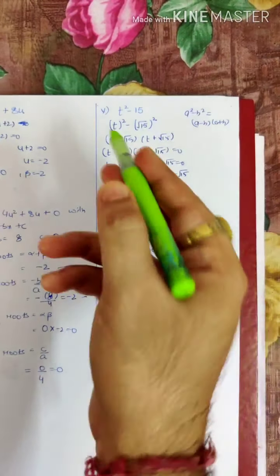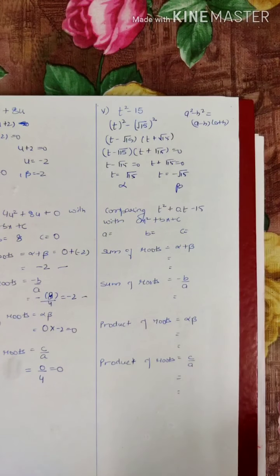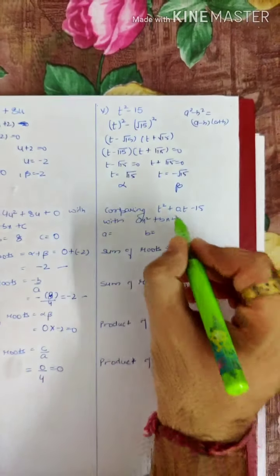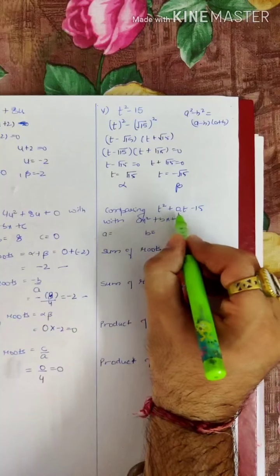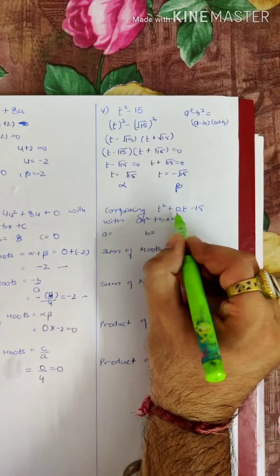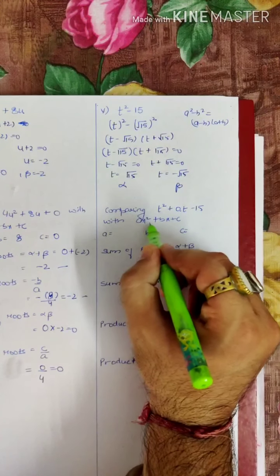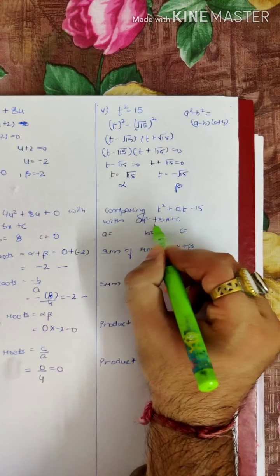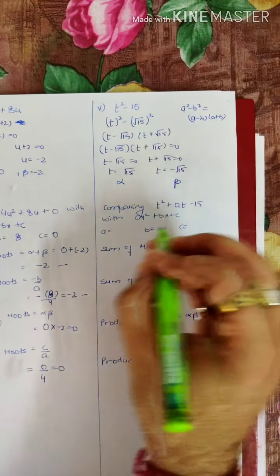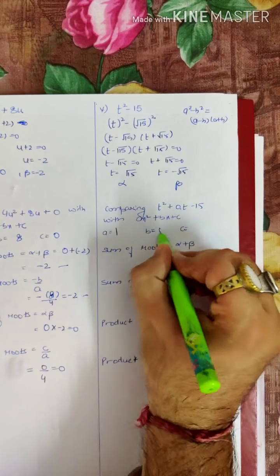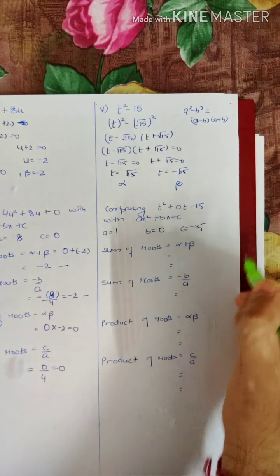Now compare your given quadratic polynomial t square minus 15 with the standard form ax square plus bx plus c, but before that you must write the missing term. So t square plus 0t minus 15, completing the three terms. Now if we compare, a is 1, b is 0 and c is minus 15.